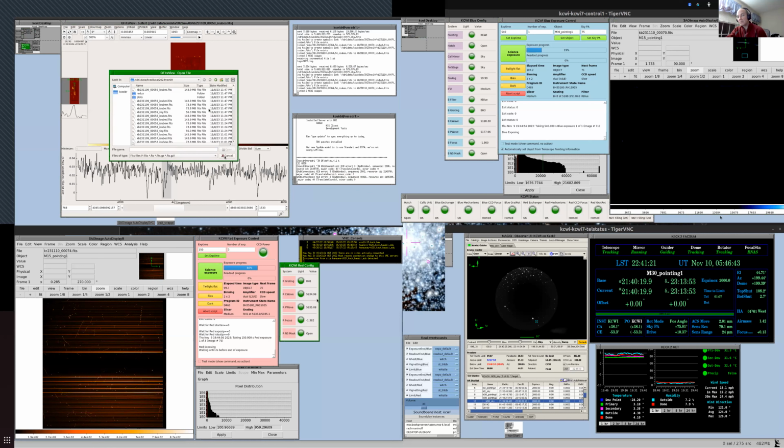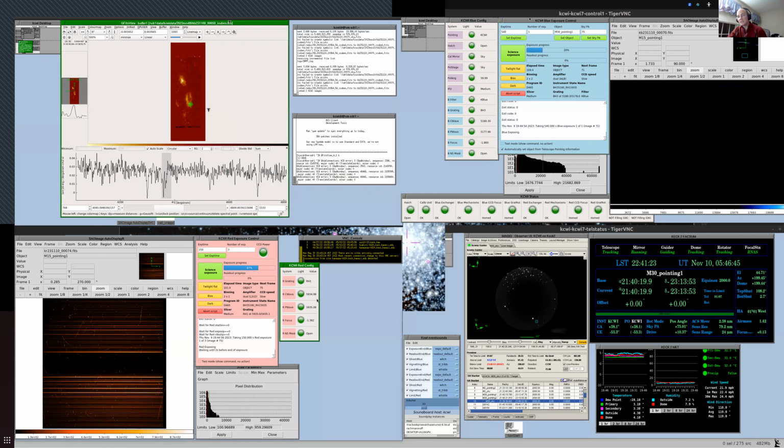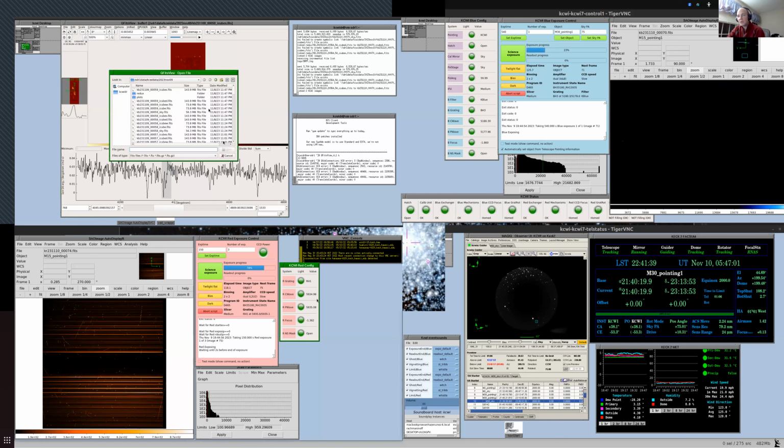So remember, the bottom right field is just a picture of the sky, but what we're really trying to do is take spectra of particular parts of the sky. And so that guider image on the top left that we were discussing, you might have heard me say we're moving left, moving right. We're trying to center the spectrograph aperture on a particular patch of sky that includes the 2 stars that I was interested in.